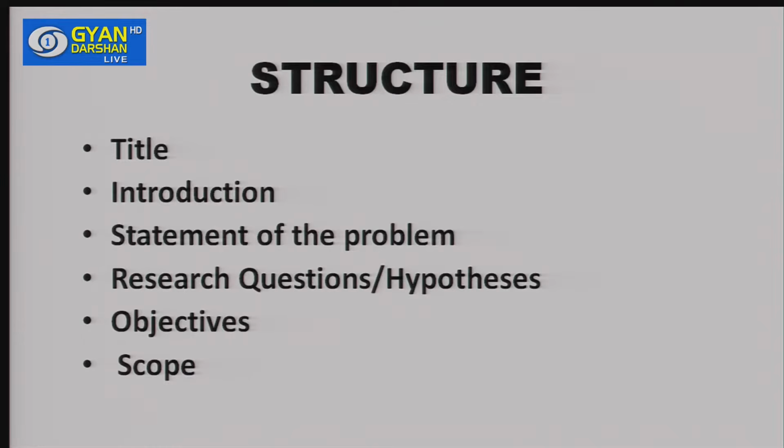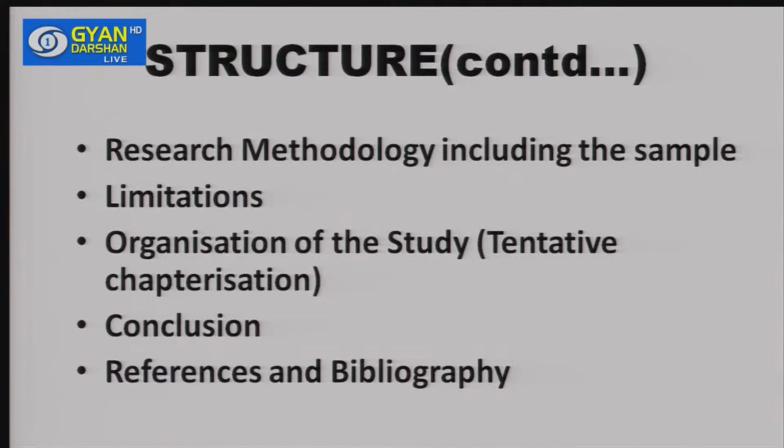Then, what are the objectives of your research? You have to write down a few objectives, 3, 4, 5 objectives. These should be written very clearly and in a very systematic way, in simple words. Then the scope of your project, the geographical scope and the subject scope. Then you write down the research methodology. How will you go about doing this study? What type of study is it?